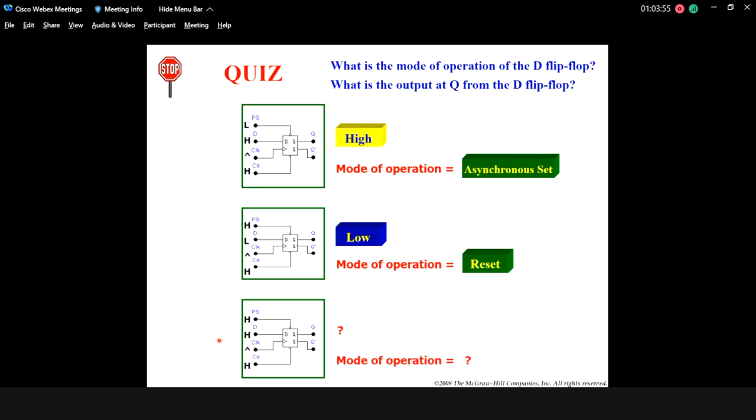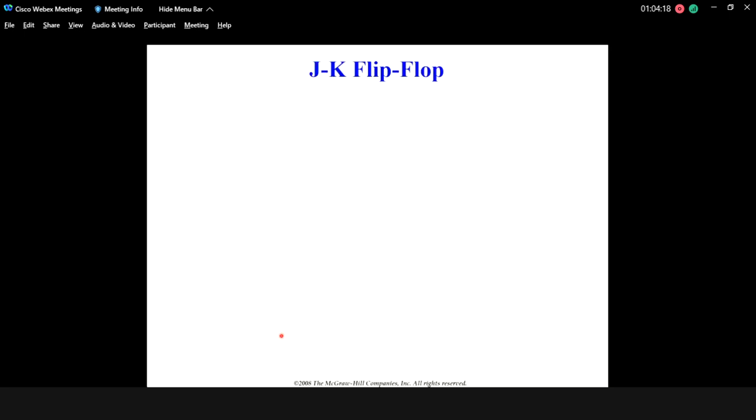And then we have both high again, D is high, and we have the clock. So Q will follow D, which is active high. So we get the set mode and a high output. High means, let's say, 12 volt, 5 volt, or any voltage based on the IC datasheet.